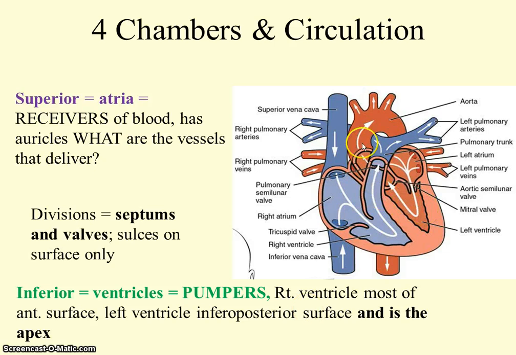All right, divided, as I said already, by these septums, and then the atria from the ventricles by valves, which we collectively call the AV, or atrioventricular valves. We're going to learn these as the tricuspid on the right and the bicuspid on the left, which is also called the mitral valve.